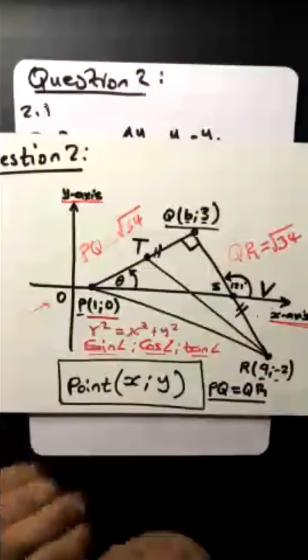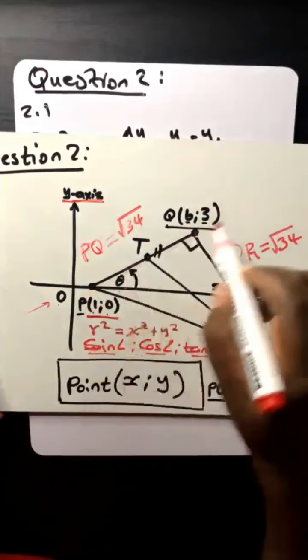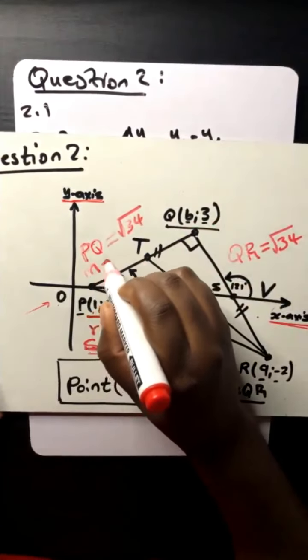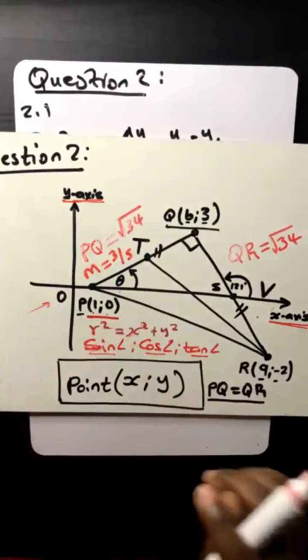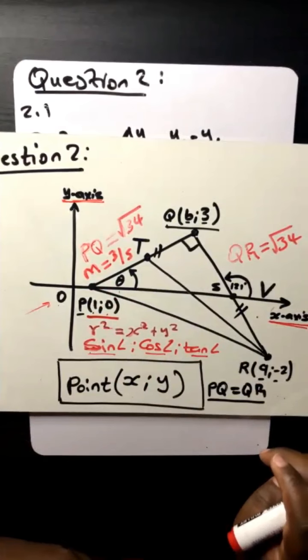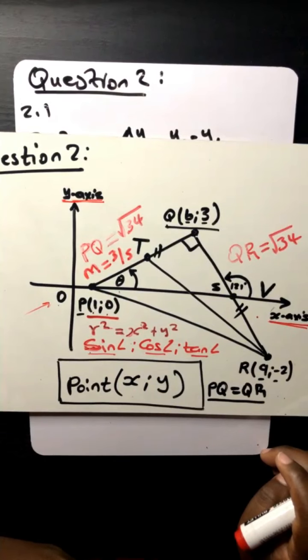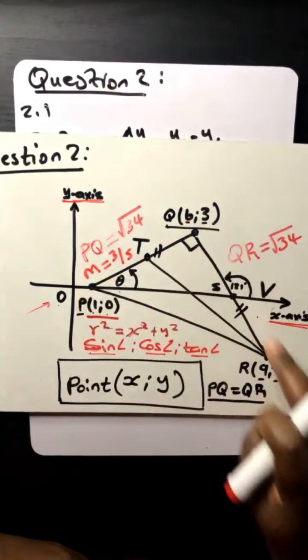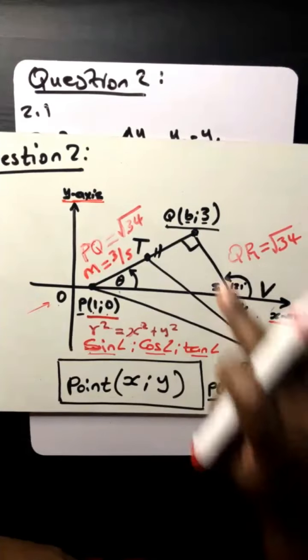So I feel like writing that information down: the gradient, small letter m, is equal to 3 over 5. So is there someone who can guess? Maybe let me not get to that stage because it might confuse you guys. But I wanted to say, since we know these two lines are perpendicular to each other, what is the gradient of that line?